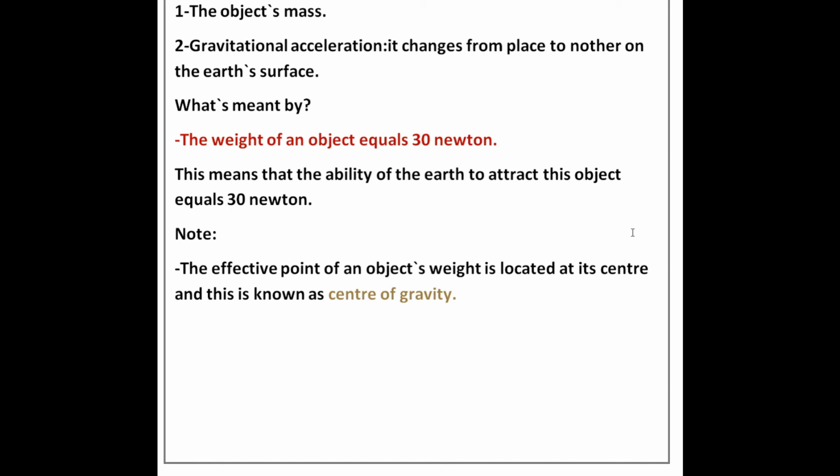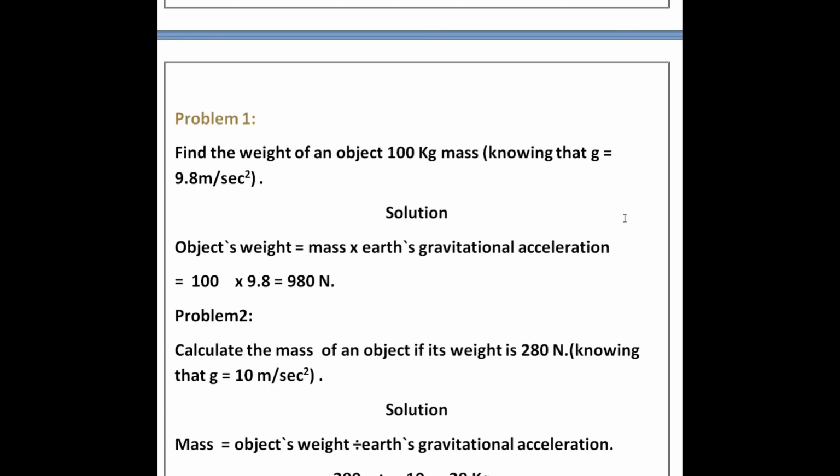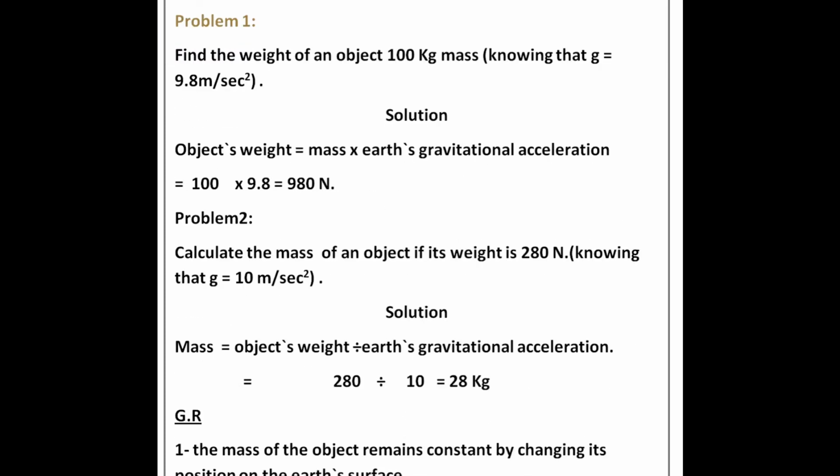Let's go to another one, prep 1. If I want to calculate the weight, let's go to the first example. Problem 1: find the weight of an object of 100 kilogram mass. Weight equals mass times Earth's gravitational acceleration.